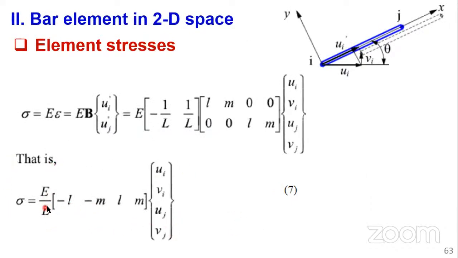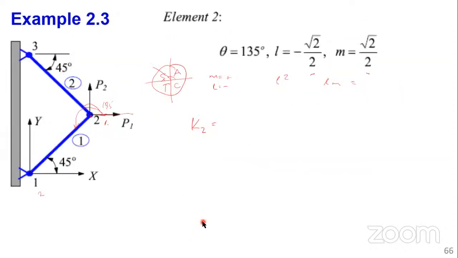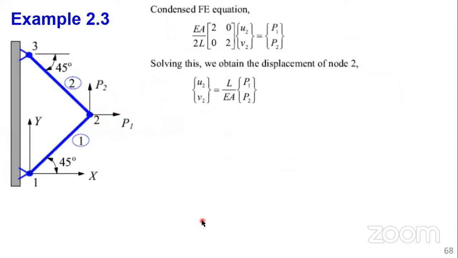You just need to substitute the directional cosines, the L's and the M's, taking note of the signs. You have derived U. Let's say we have two elements, element 1 and element 2. So this U for element 1 will be U1, V1, and U2, V2.